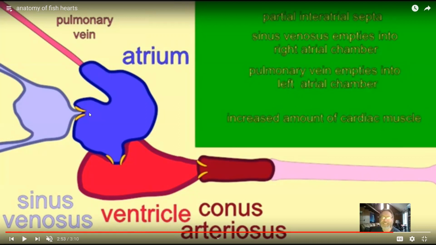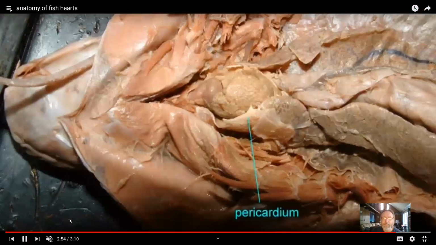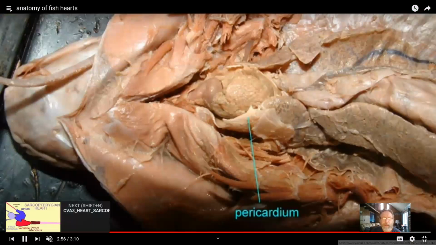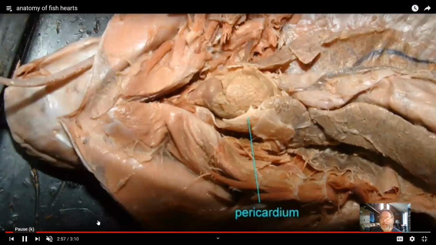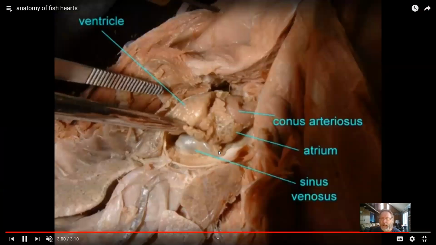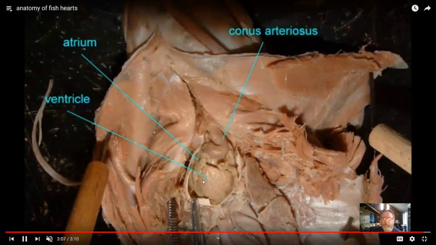The sinus venosus empties deoxygenated blood into the right half. The pulmonary vein brings oxygenated blood into the left half, and the amount of cardiac muscle increases. Okay, so here you can see a lungfish and its heart. The sinus venosus, the atrium, the ventricle, the conus arteriosus.